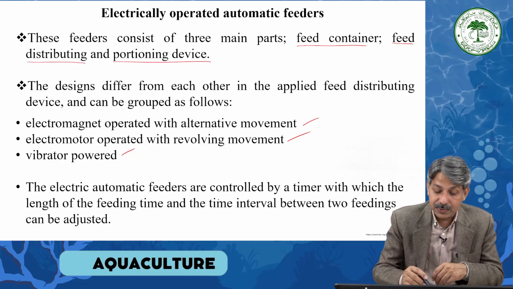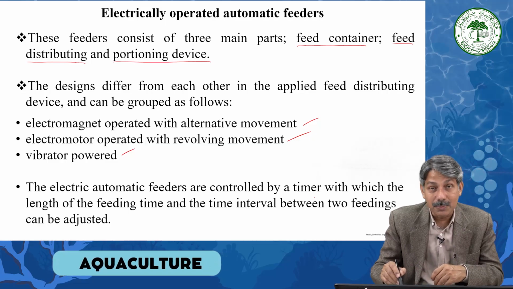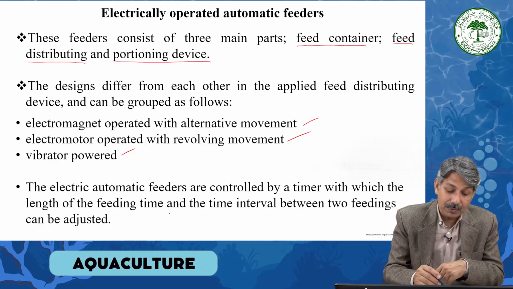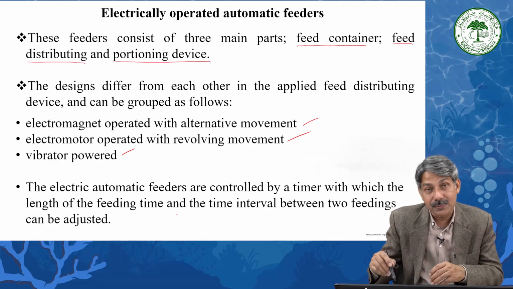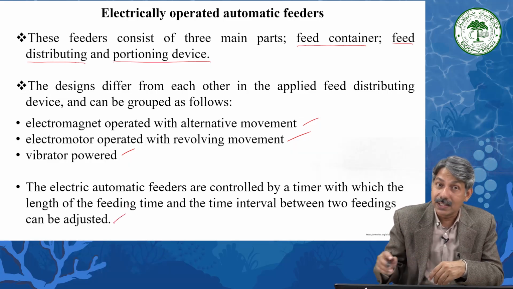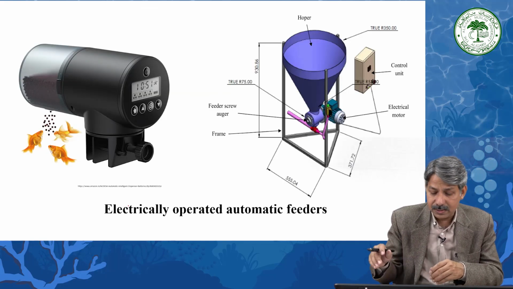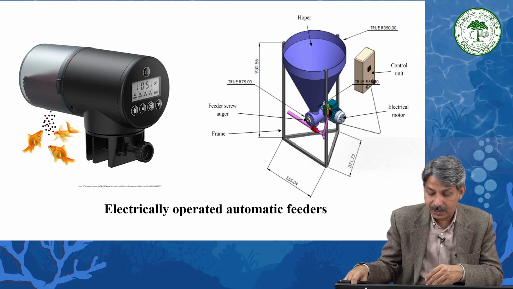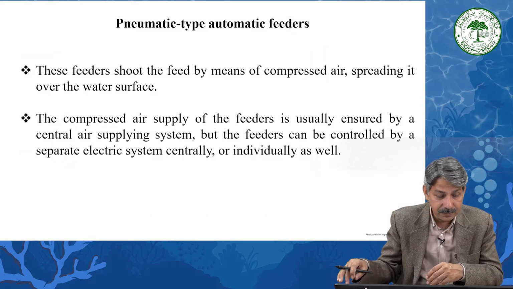The electric automatic feeders are controlled by a timer with which the length of the feeding time and the time interval between two feedings can be adjusted. This is the photograph of electrically operated automatic feeders, which is shown here.